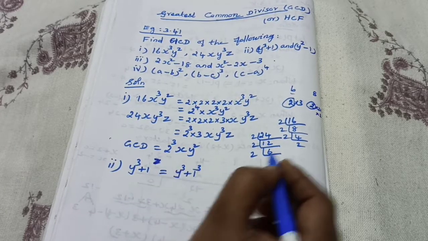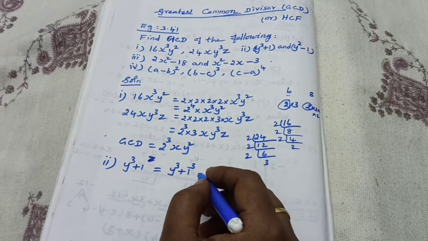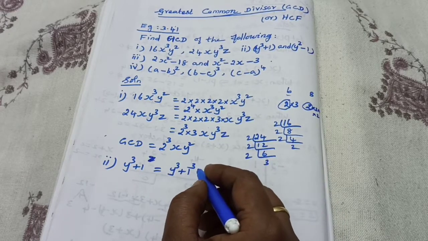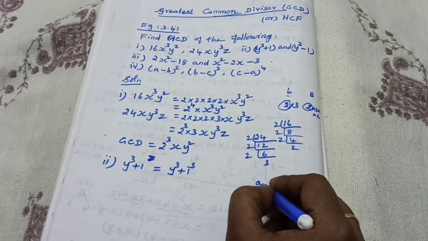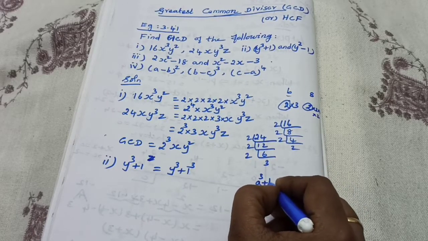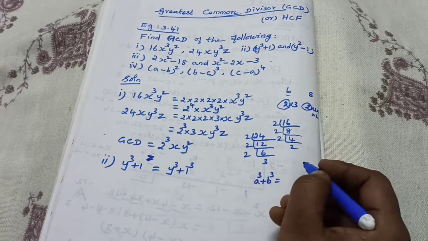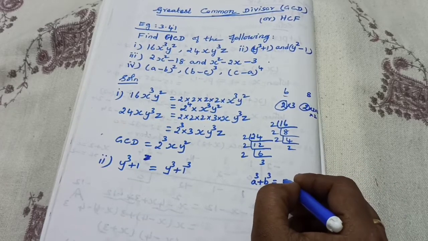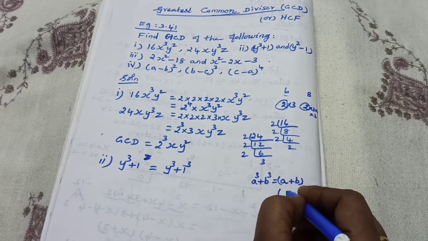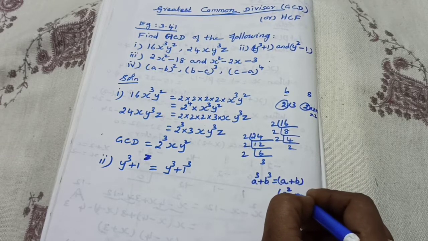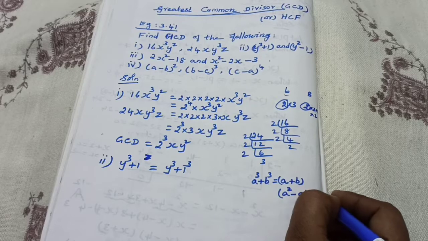This is of the form a cube plus b cube. Already you know the formula: a cube plus b cube is equal to a plus b into a square minus ab plus b square.